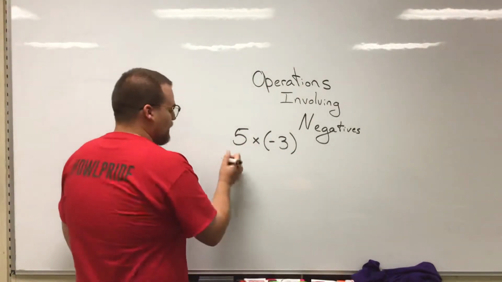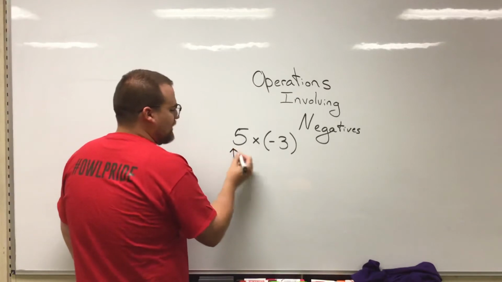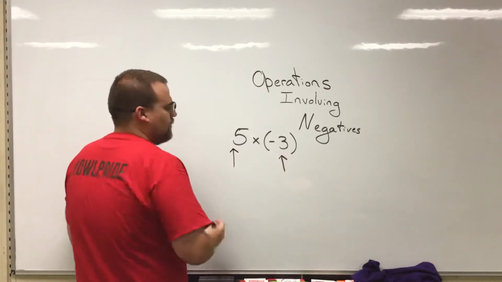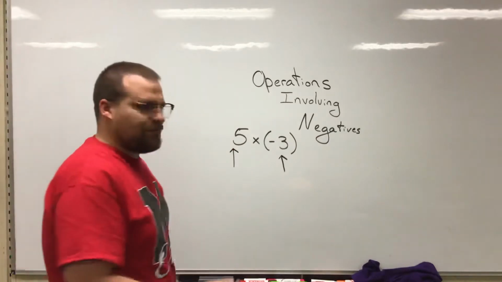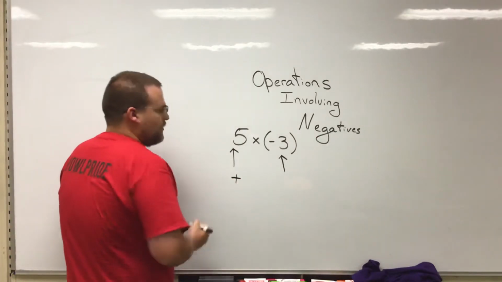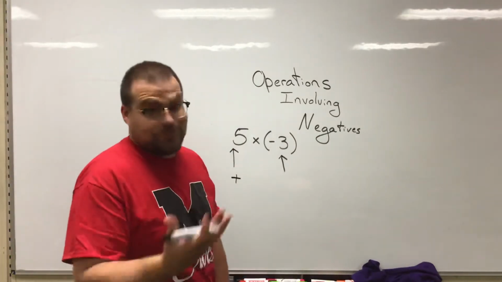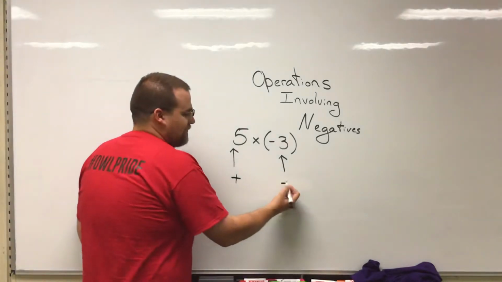You want to look at, is each number positive or negative? So this 5, positive or negative? Well, it's a positive number. This -3, it's in its name, right? It's negative.